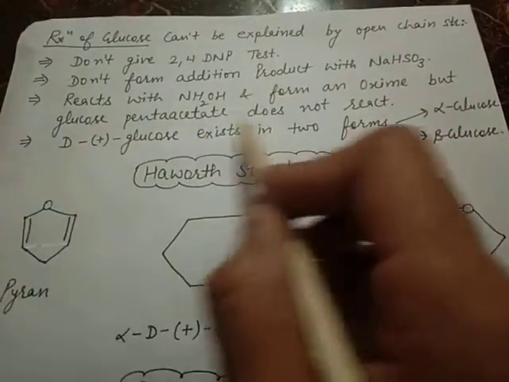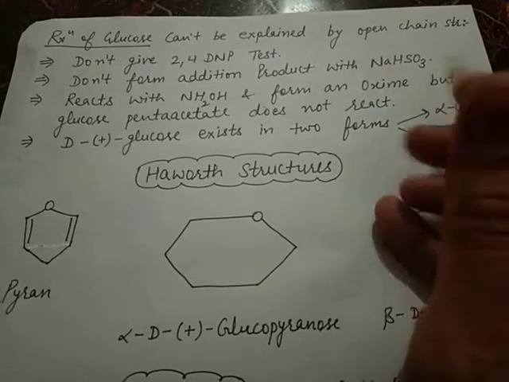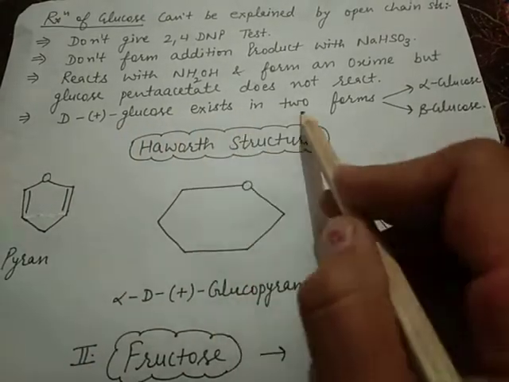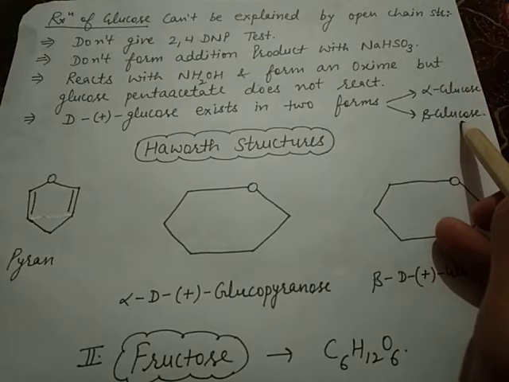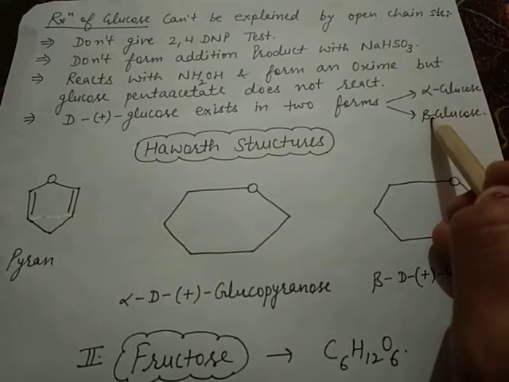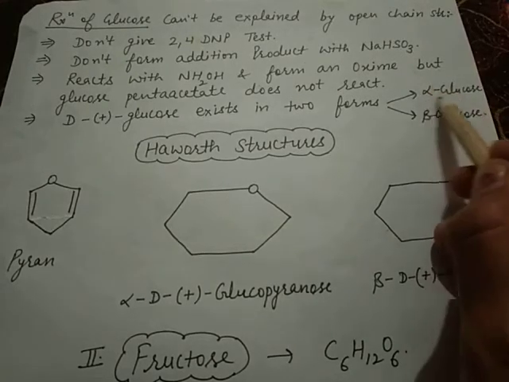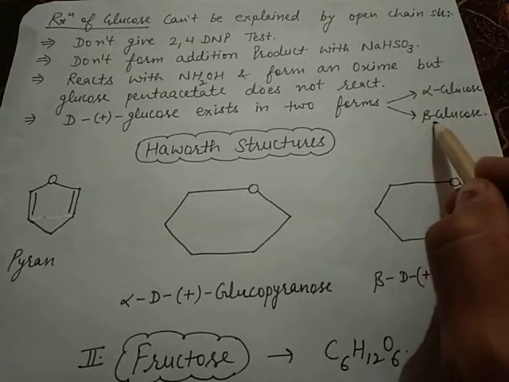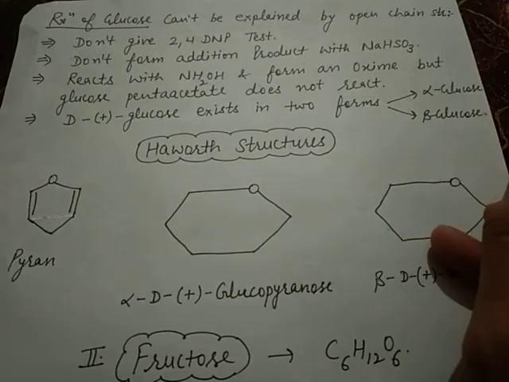But glucose pentaacetate does not react with this reagent. Also, D plus glucose exists in two forms, alpha glucose and beta glucose, which differ in configuration at carbon number 1. If the OH group is present on the right hand side, it will form alpha, and if the OH group is present on the left hand side at carbon number 1, then it will form beta glucose.